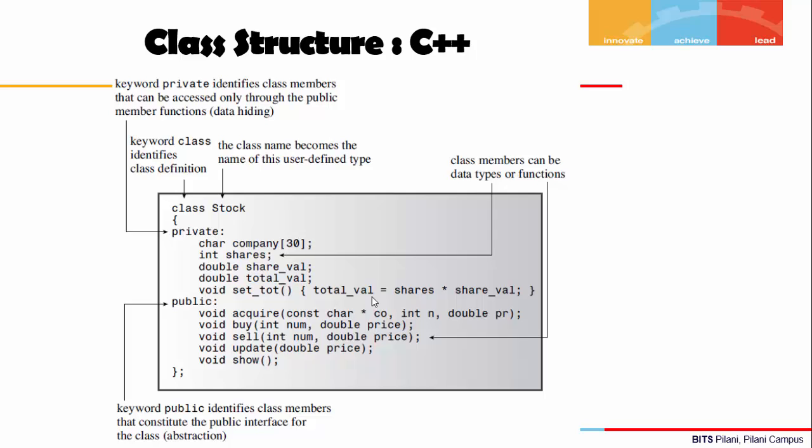Suppose the calculation was lengthy, so this would save some typing and code space. Also, if you have to revise the calculation, you can just revise it in one location. So this is the advantage of using a private member function.